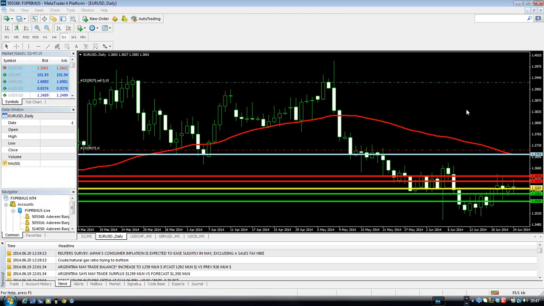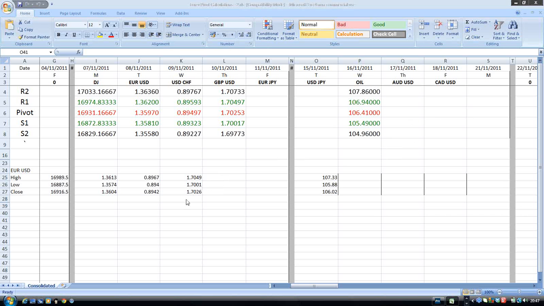So looking at the spreadsheet, I'll just remove the one here for Euro US dollar. So you can see I'll just insert the figures there, the high, the low, and close. So the high, like I said, was 1.3613.